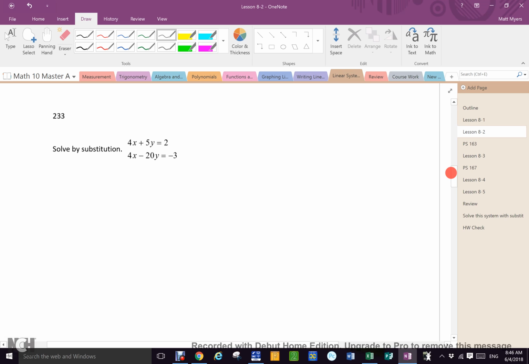What about this is yucky? You have to do more algebra to isolate, don't you? Okay, so Aiden is saying that because there is no single letter here, we have to do more algebra.